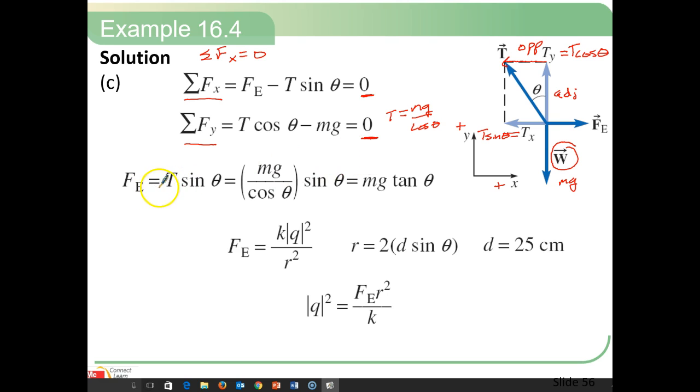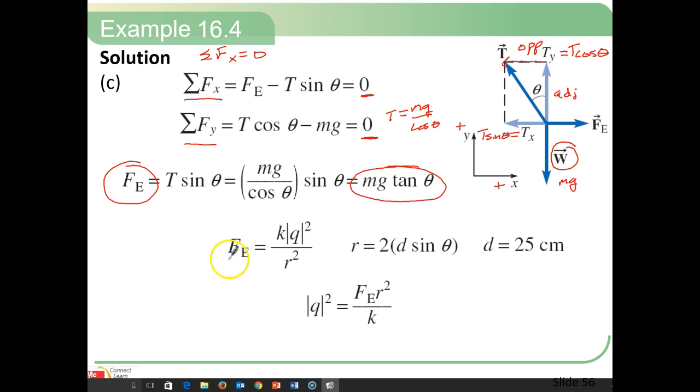So we've got T times the sine of the angle, and T on this bottom one is mg over cosine of the angle, so I've plugged that in. And sine over cosine is tangent. So now we know that Fe can be equal to mg tangent of the angle. So now we don't need the tension anymore.